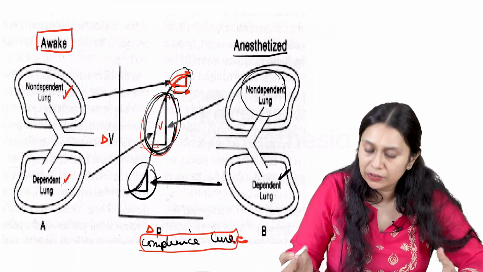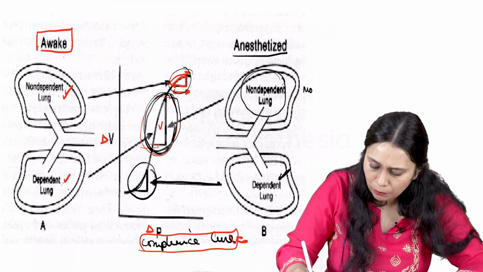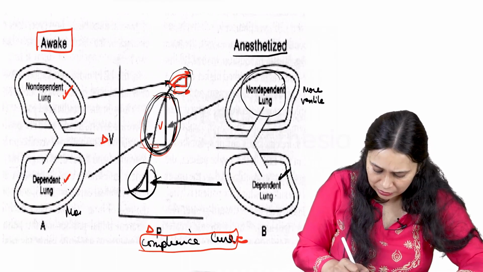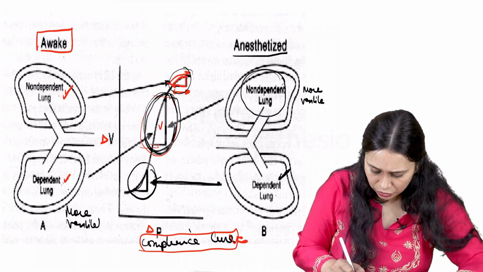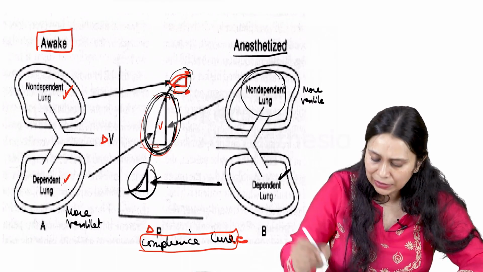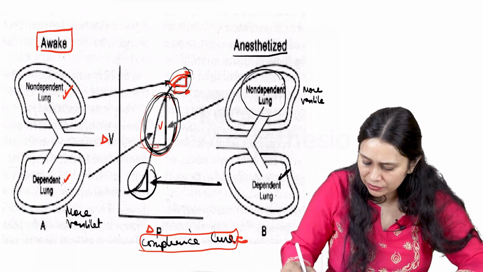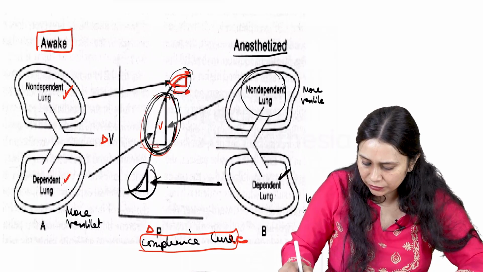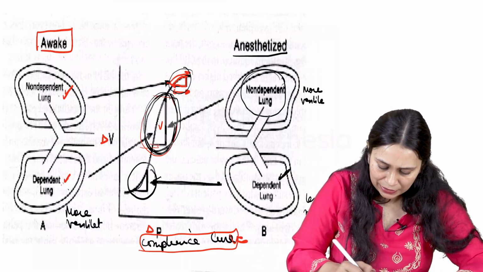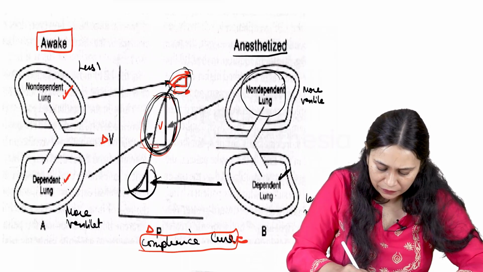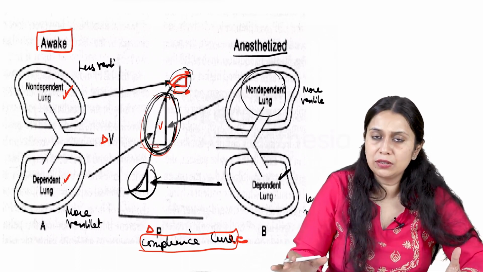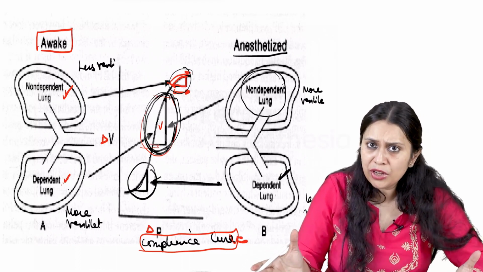Here the dependent part is receiving more ventilation, and the dependent part of the lung in the anesthetized patient is receiving less ventilation, and the non-dependent part in the awake patient is receiving less ventilation. So the ventilation scenario changes.